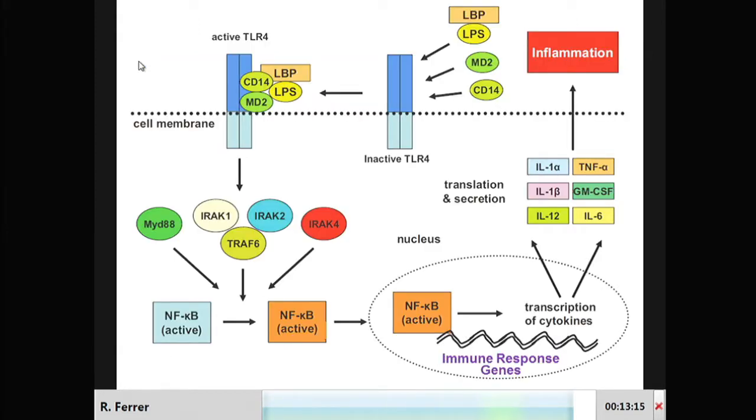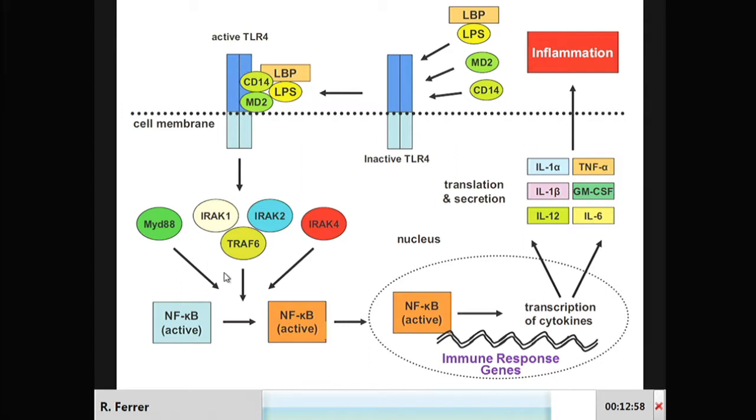So in this cartoon, you have this recognition by toll-like receptor 4 of endotoxin, and this leads to an activation of toll-like receptor 4.